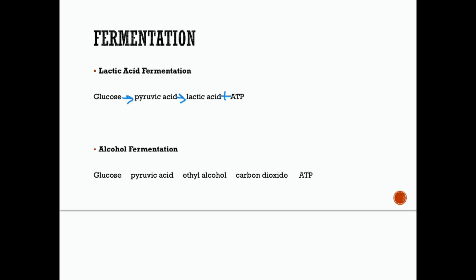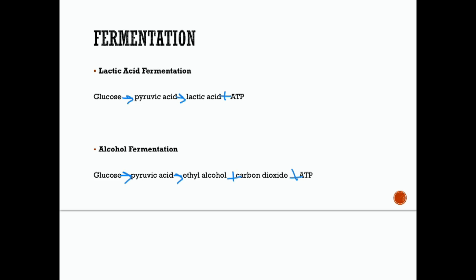In alcohol fermentation, the pyruvic acid formed during glycolysis is broken down to produce ethyl alcohol, carbon dioxide, and ATP. So there are your products right there.